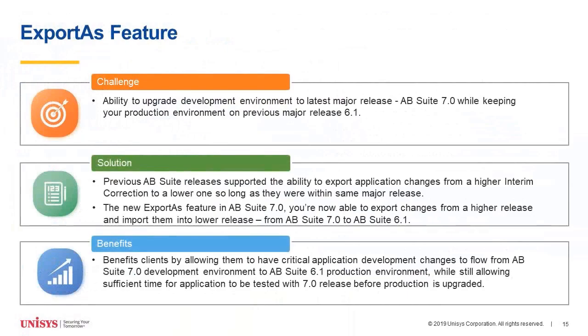A, it allows their critical application environment changes to flow from the AB Suite 7.0 development to the AB Suite 6.1 production environment. And number two, it gives them sufficient time for their application to be tested with the 7.0 release before their production is upgraded. We believe this is going to be a useful ease of use feature for AB Suite clients.